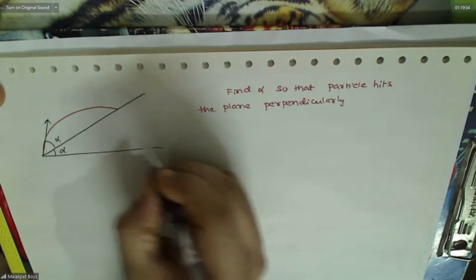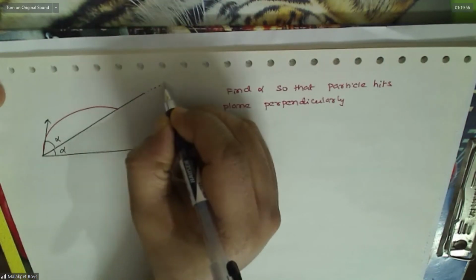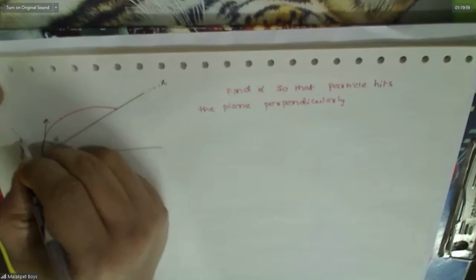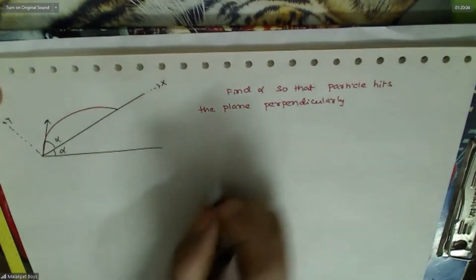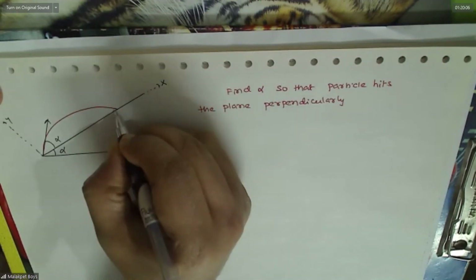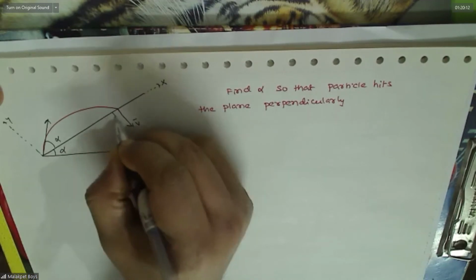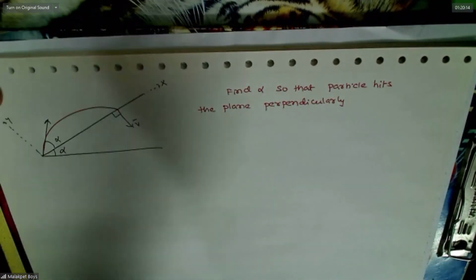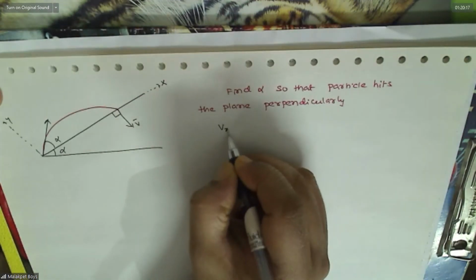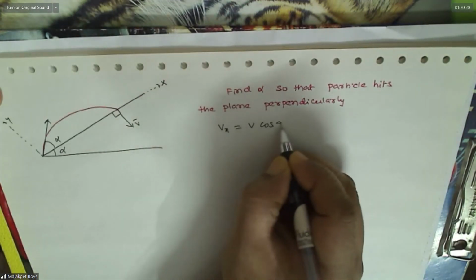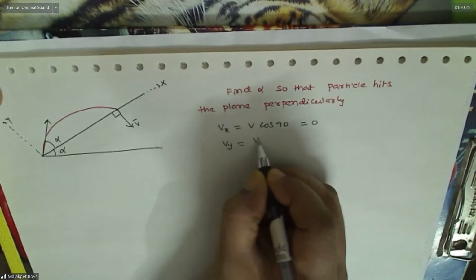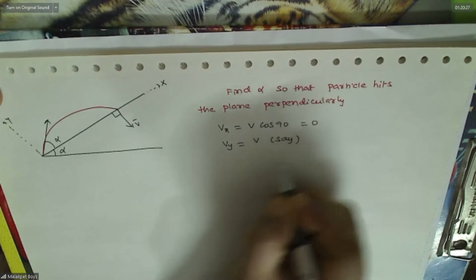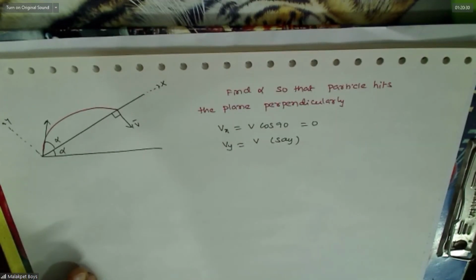Agreed? Again, the same story. This is x-axis. This is y-axis. It should hit perpendicularly, it seems. He says that this must be the velocity as per the question. That means what it should be 0? Do you agree with this? Yes, sir.